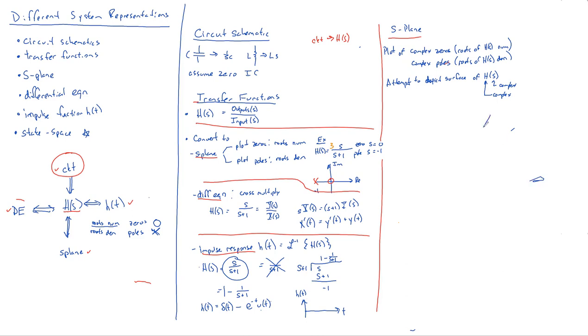And I'm not even going to try to draw that, but pretend that this arrow at an angle is going into the page. And so this is the real part of s, and this is the imaginary part of s.